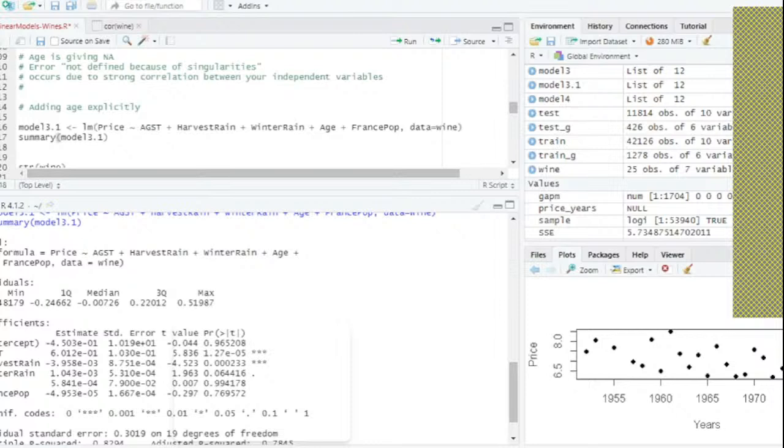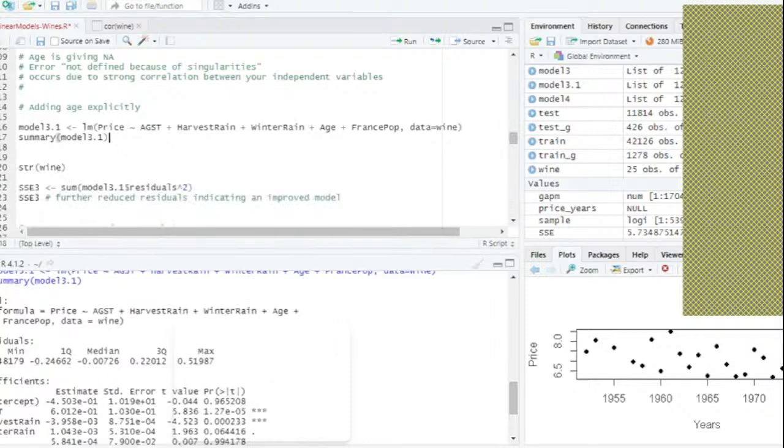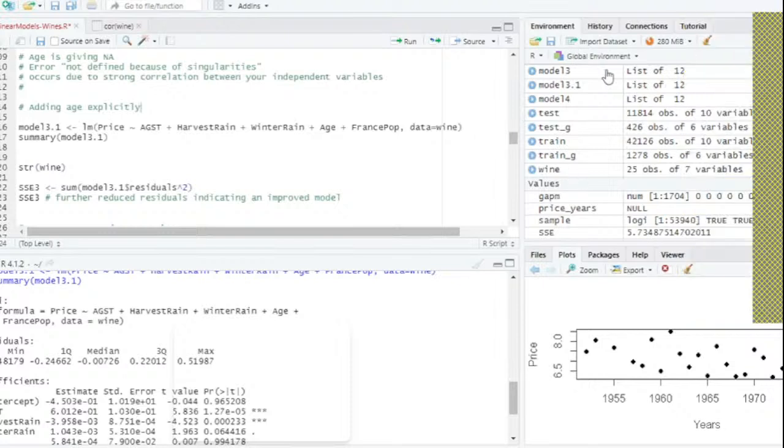How can we save the output in the console? You cannot save the output in the console. Remember, Angela, I told you in the first session, when you save this file, only the script part gets saved. Some variables that you create are saved in the global environment, but you can't save the chart and the output in the console.